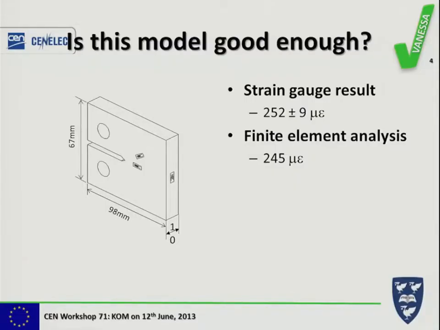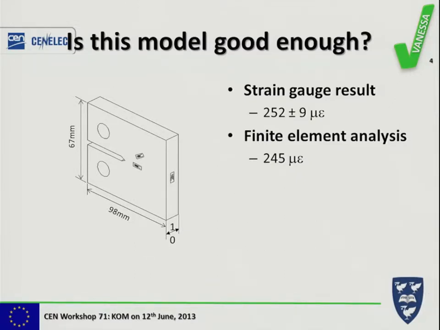And they found that the finite element result gave them a strain of 245 microstrain. And they compared that to their experimental results. And they found that in the experiment, they got a result of 252 microstrain plus or minus 9. That's the standard deviation on a series of experiments that they did.